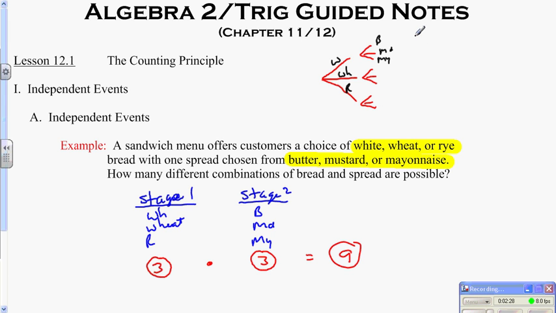And what you'd get is 9 things, like we just talked about, but what the tree diagram gives you is what they all are. So the advantage of the tree diagram is knowing what all the combinations are, and the benefit of the counting principle is it just tells you how many there are in a much quicker way. So yes, there's an advantage to the tree diagram, but right now we're just wondering about how many there are.